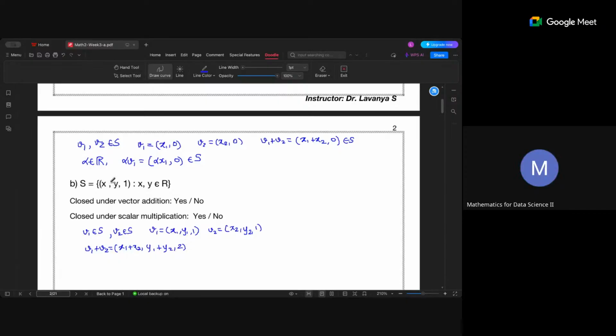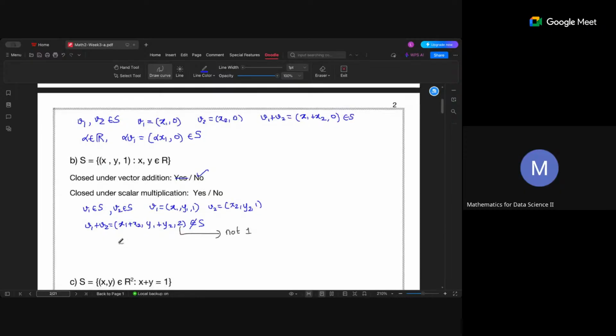Okay, does this belong to S? No. So this does not belong to S because you see that this coordinate here is not 1. For S, all the vectors should have the third coordinate as 1. But this is not 1, so this vector is not there in S. So it means this set is not closed under addition.